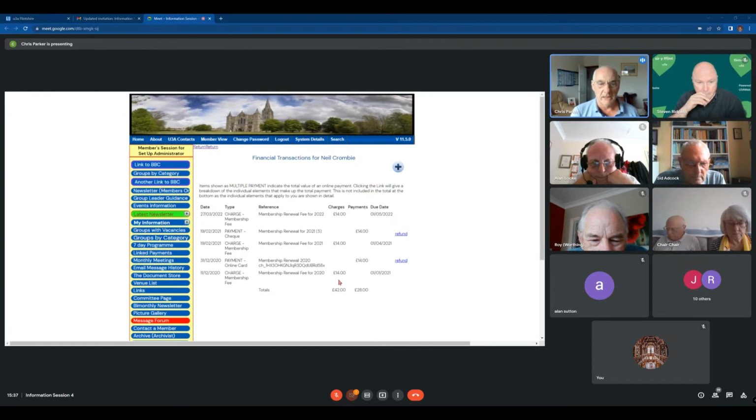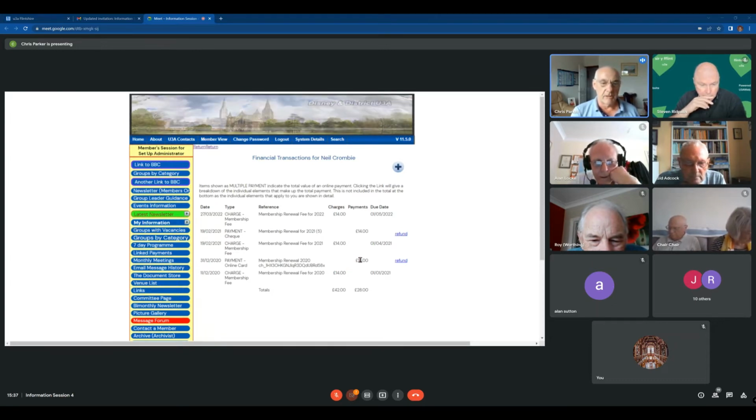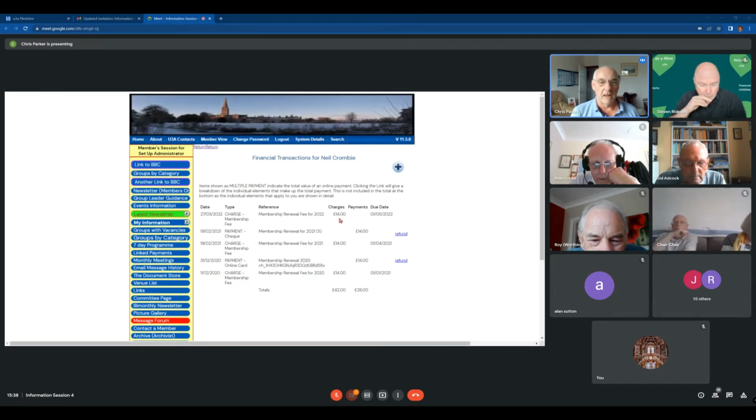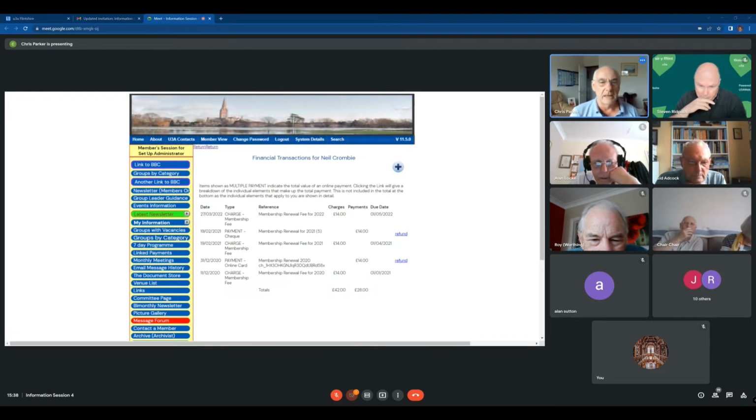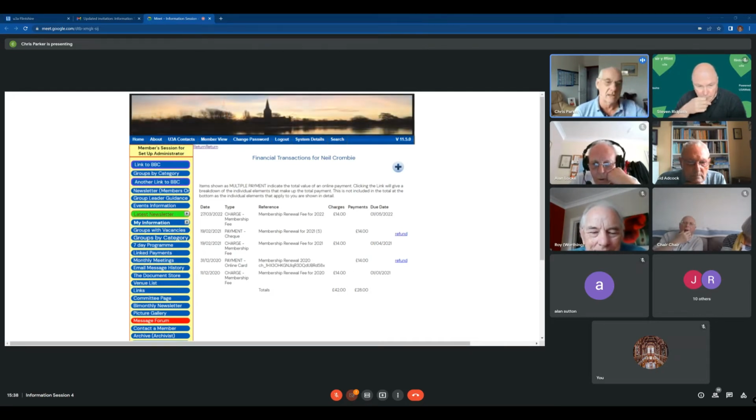Looking back over the previous 2 years on this particular one, there's been a £14 charge made, and then the payment for 2020, then another 14, and then another payment for 2021, and then there was a charge for 2022, and it hasn't been paid. So that's why it's showing it outstanding. That's why it appears on this list.